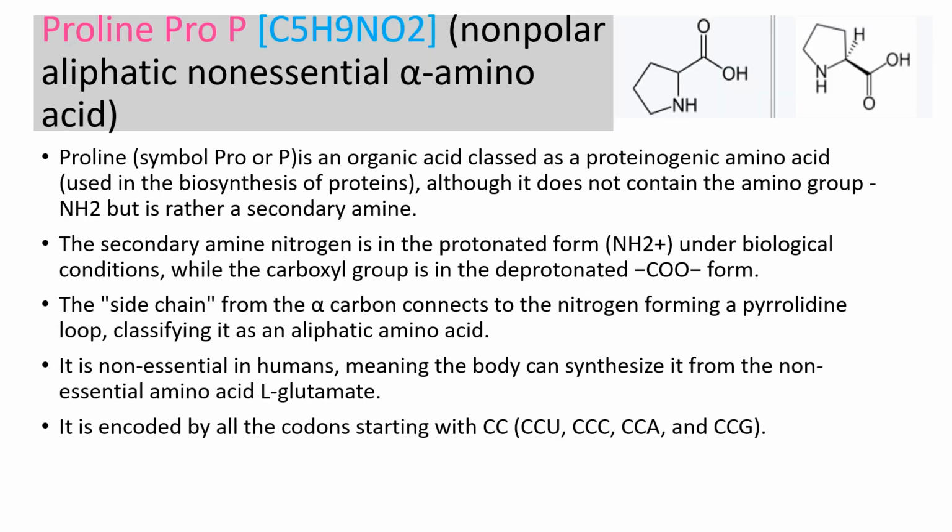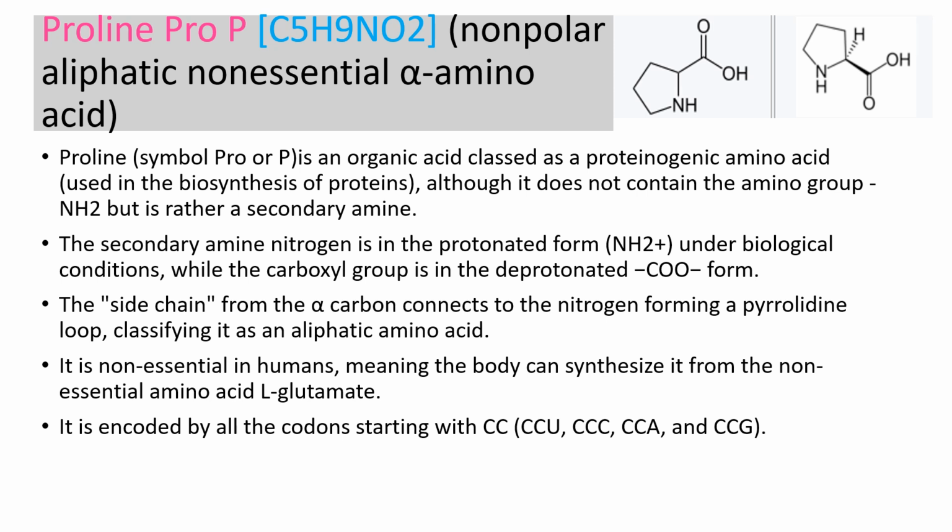Okay. Proline, C5H9NO2, non-polar aliphatic non-essential alpha amino acid. Proline, symbol Pro or P, is an organic acid classed as a proteinogenic amino acid used in the biosynthesis of proteins, although it does not contain the amino group NH2 but is rather a secondary amine.